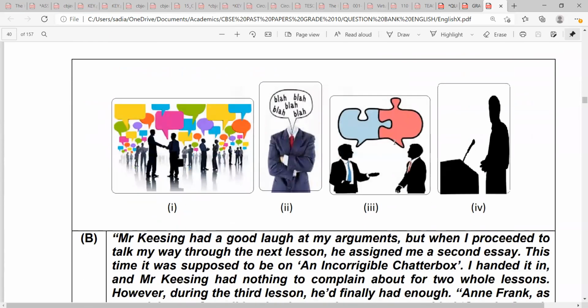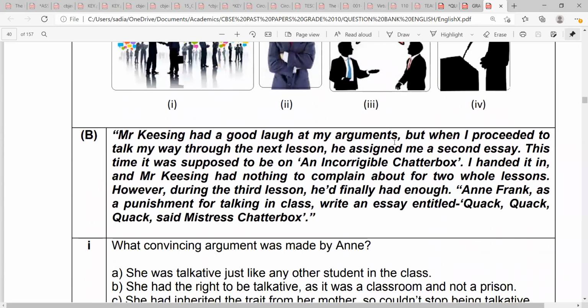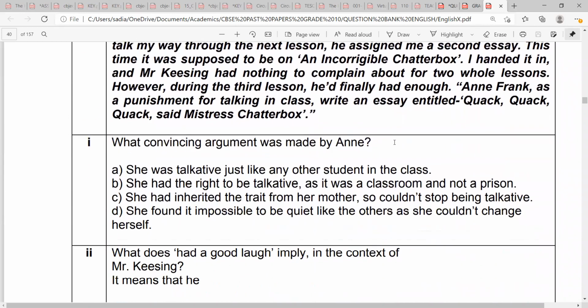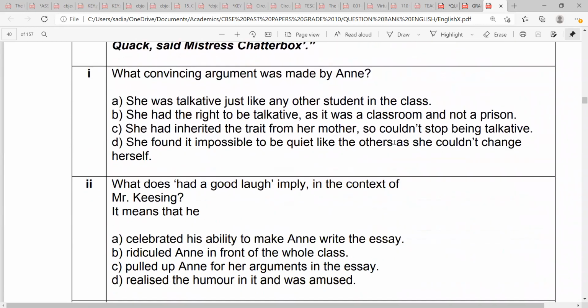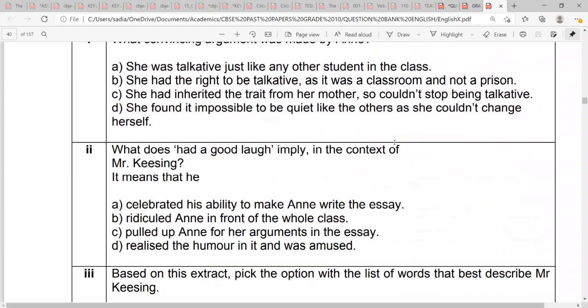Look at the visuals, look at the paragraph, and a combination of both. Pause the video, read carefully.